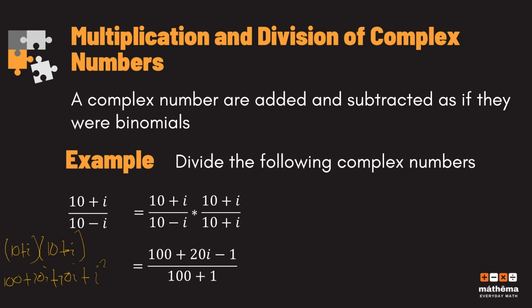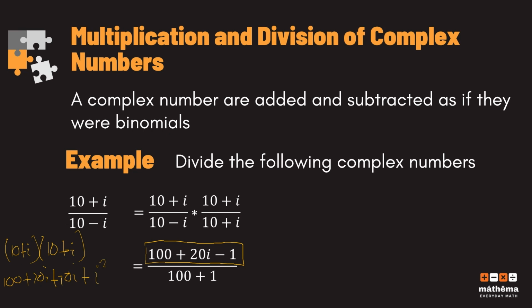Simplify: 100, 10i plus 10i is 20i, and then what is i squared again? That is just negative 1. So 10 plus i times 10 plus i is equal to this numerator, 100 plus 20i minus 1.